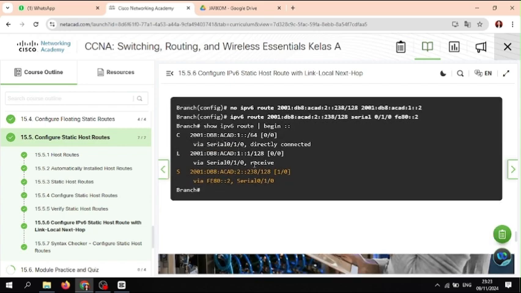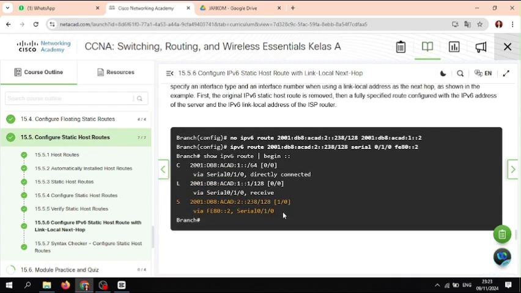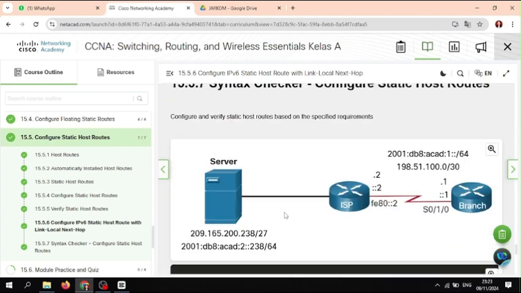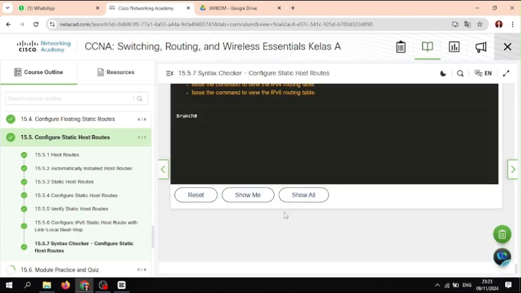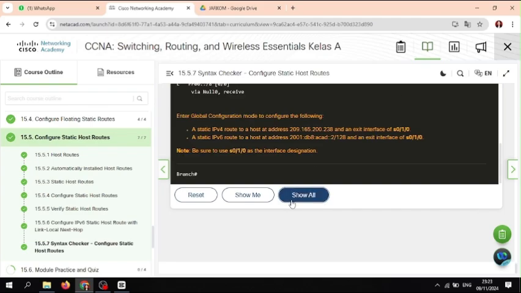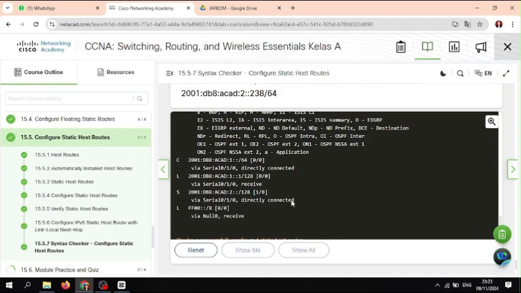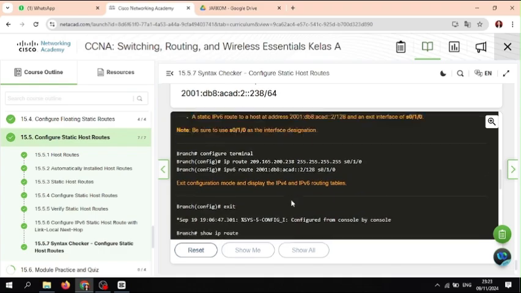Seperti yang ditunjukkan pada contoh ini, pertama rute host statis IPv6 yang asli dihapus, lalu rute yang ditentukan sepenuhnya dikonfigurasi dengan alamat IPv6 server dan alamat link lokal IPv6 dari router ISP. Nah, di sini ada syntax checker.